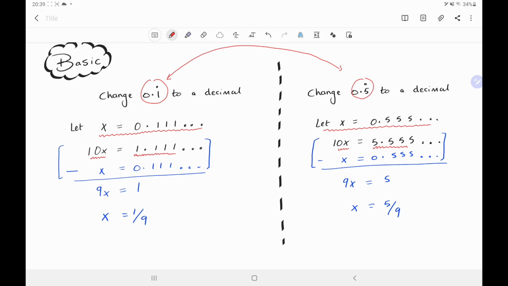Now the reason why we're multiplying x by 10 is because we want to do a subtraction. And we want to do a subtraction such that the digits after the decimal point disappear. So on the left hand side here, we want to do a subtraction so that all the 0.111 goes away. And on the right hand side, we want to do a subtraction so that the 0.555 goes away.